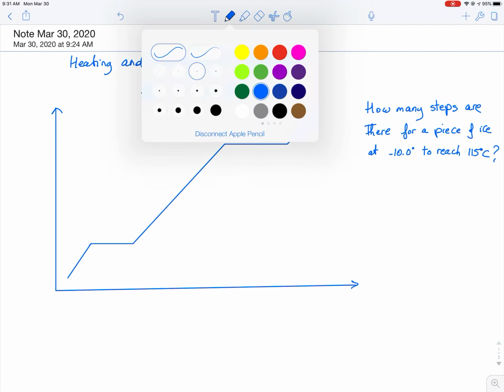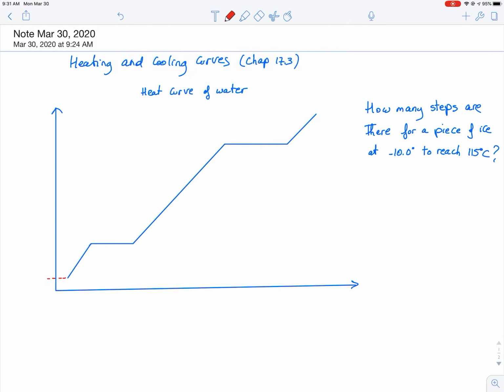Let me use another color. So here I have my piece of ice at negative 10 degrees Celsius. And this is 0 degrees Celsius. And this is 100 degrees Celsius. And I'm going to assume that this is 115.